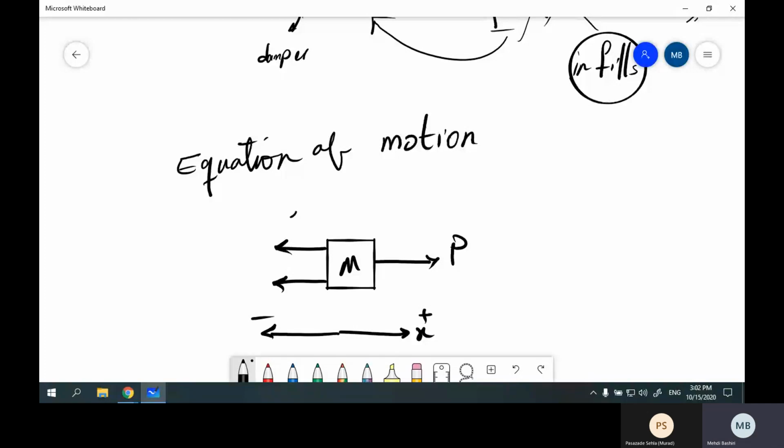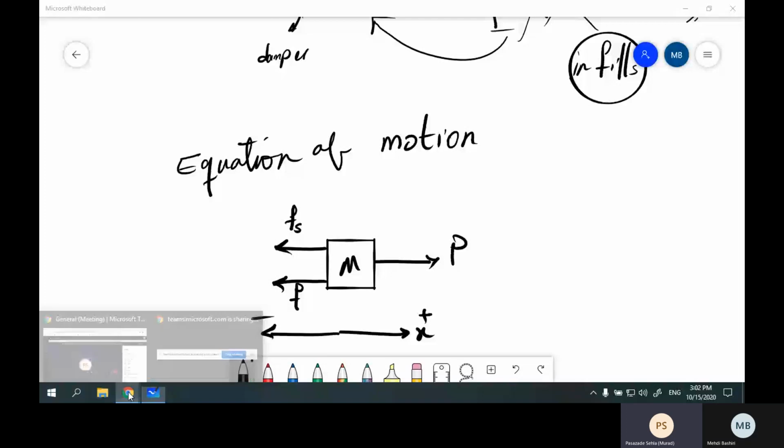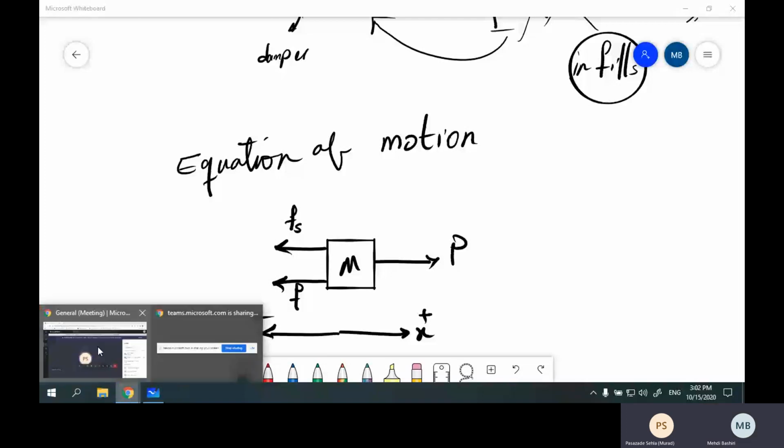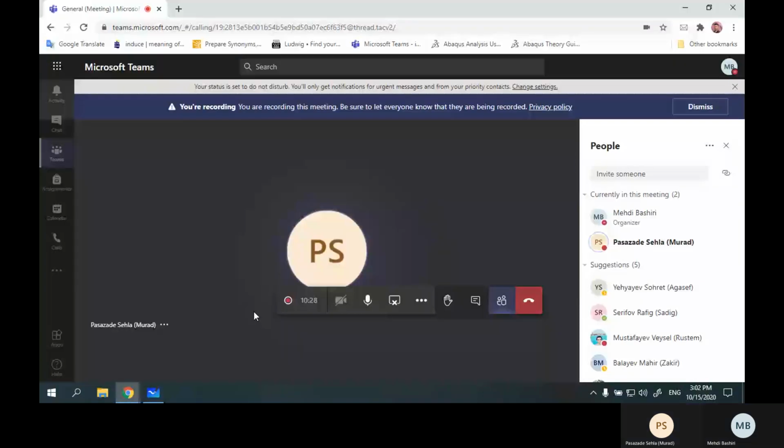Okay, we have Fs. Sir, I don't know. Sir, you don't know? Your screen froze. I can't see anything. You can't see my screen? Yes.